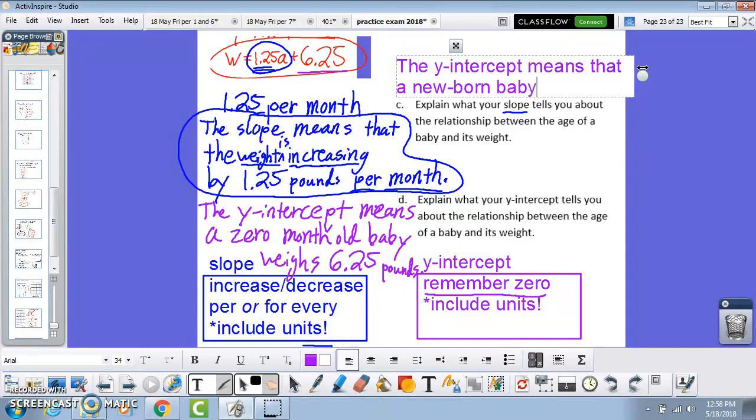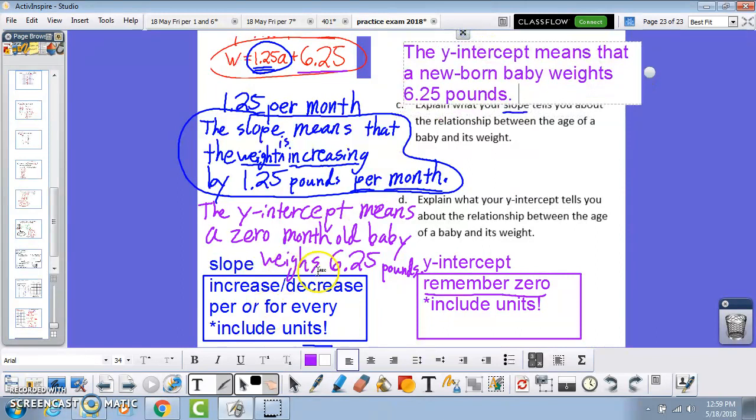Newborn baby weighs 6.25 pounds. Oops. Yeah, pounds. There we go. Okay, so both of these are proficient. You could write this one. You can write that one. This one just sounds a little more normal and less mathy.